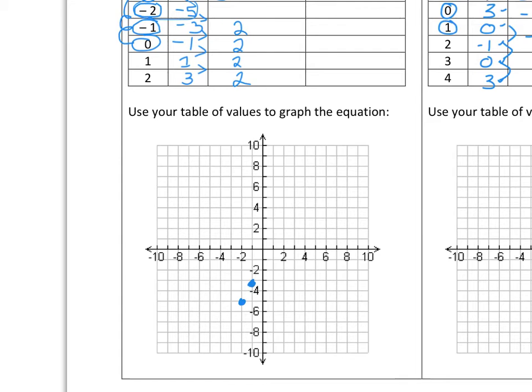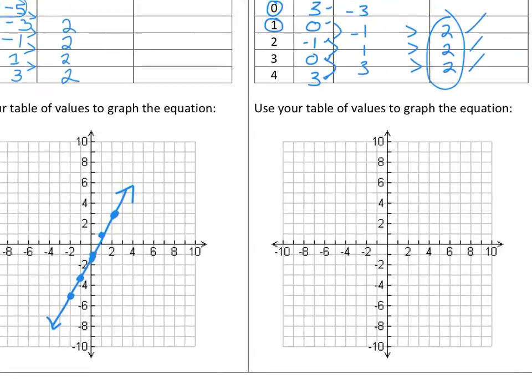Then at 0 and negative 1. Then at 1 and 1. 2 and 3. This, of course, makes a straight line, which is my linear equation.